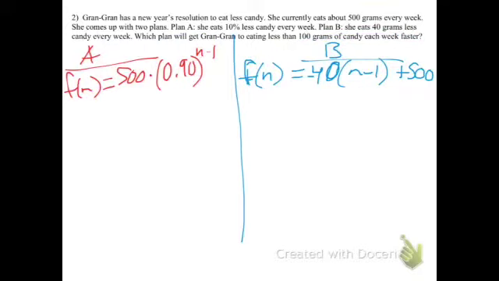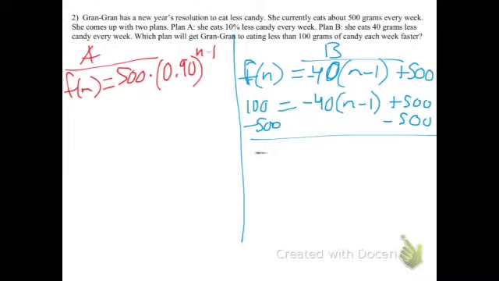So with Plan B, we want to get to 100 grams. So we're going to plug 100 in for the function value. And it's just a process of solving for n. So subtract 500, subtract 500. You got negative 400 equals negative 40 times n minus 1.